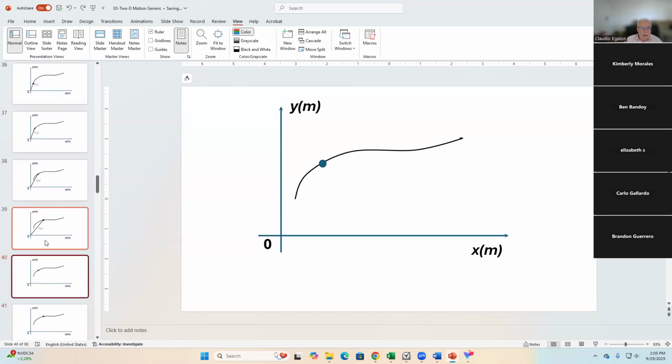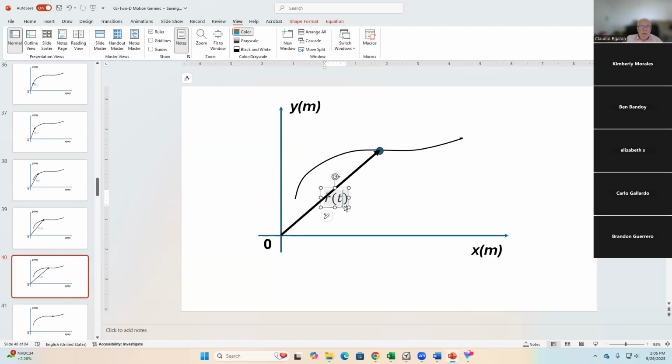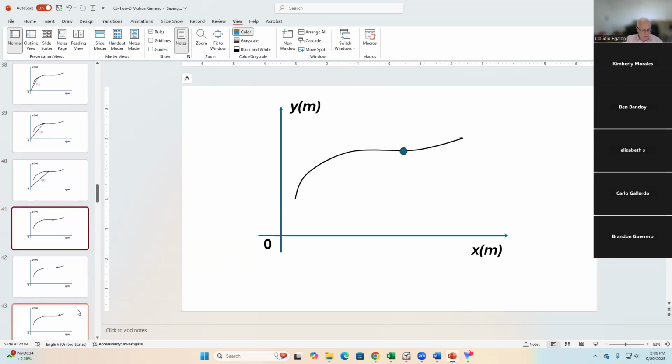Oops. Looks like I erased the wrong one now. 3, 4. Okay. And now we put the rest, the remaining position vectors. Because it was here, now it's going to be here. Because the position of the particle along the path is changing, the position vector is also changing, right? Here you go. One more.